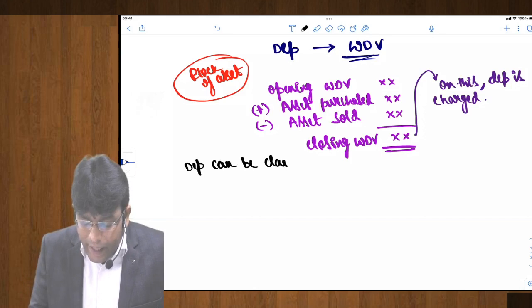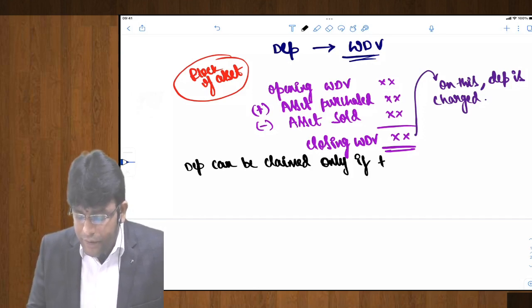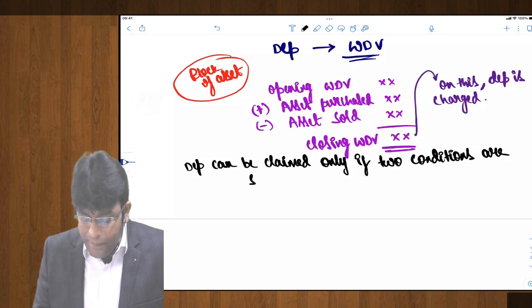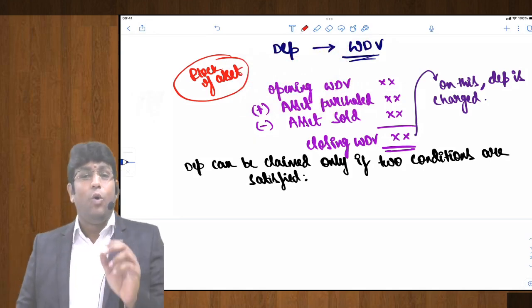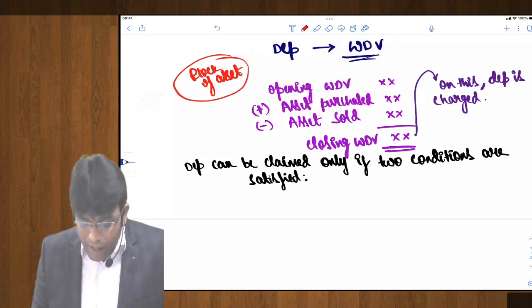Depreciation can be claimed only if two conditions are satisfied. Wow, lovely point. Listen very clearly. Come on, my dear friends. Depreciation can be claimed only if two conditions are satisfied.